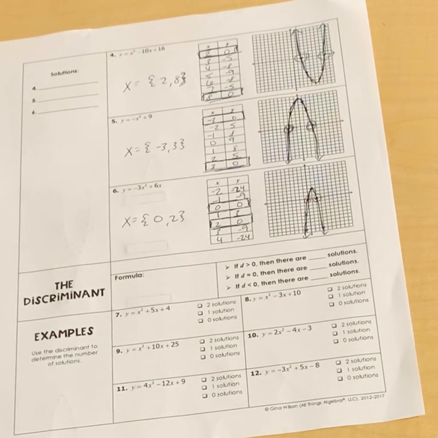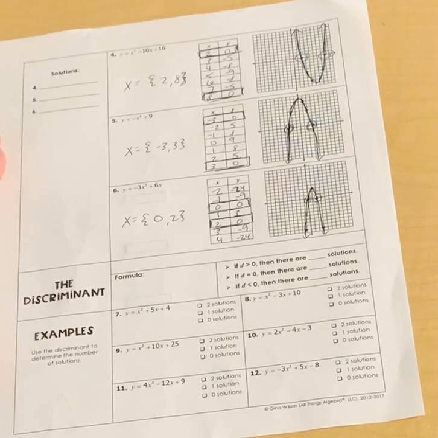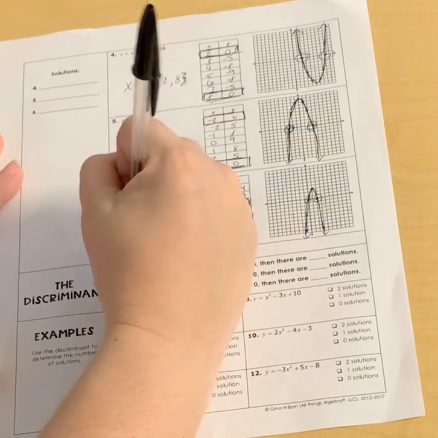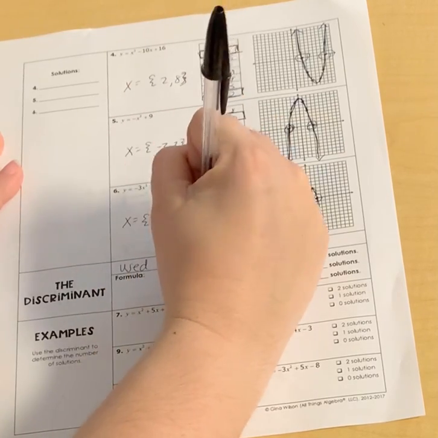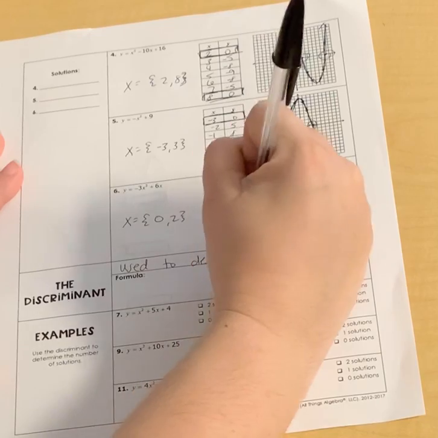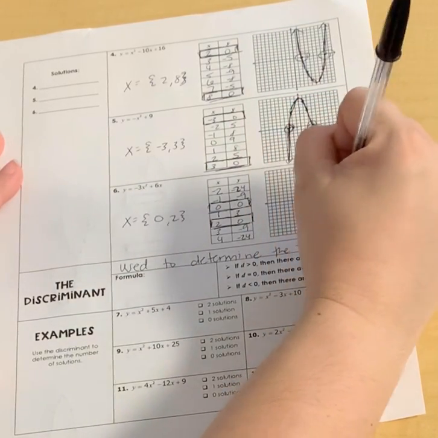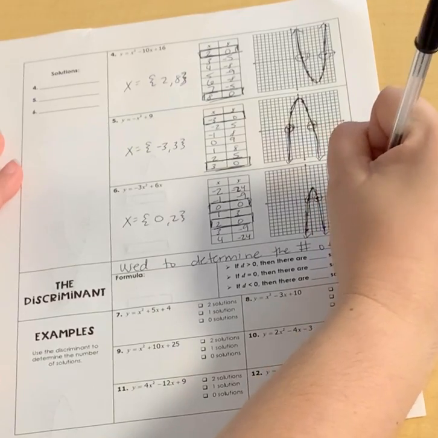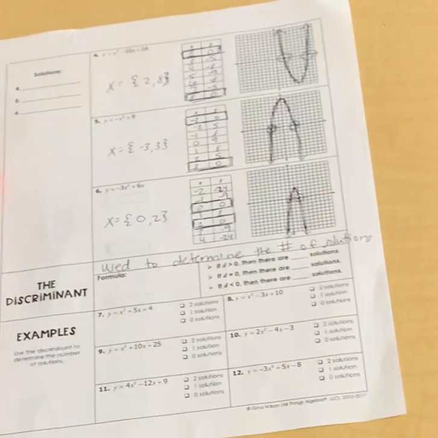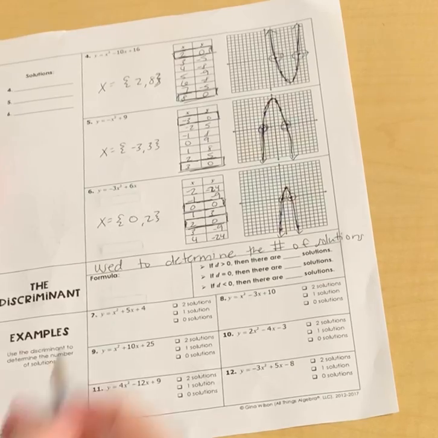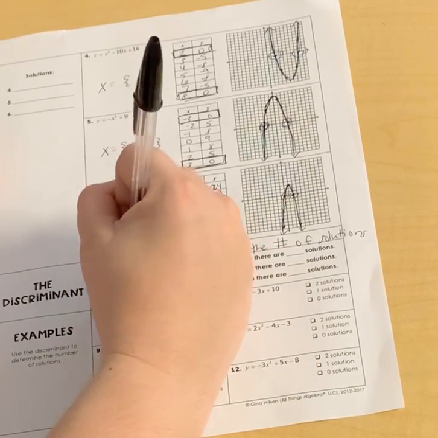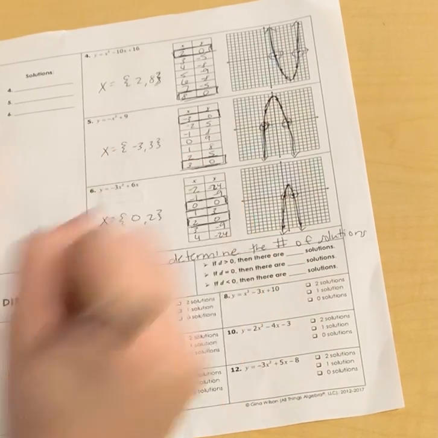All right, the last section right here, this is called the discriminant, and this is used to determine the number of solutions without looking at a graph. Okay, the formula for this is b squared minus 4ac.